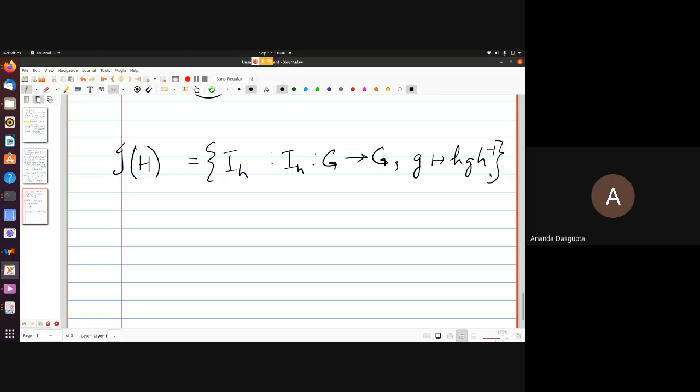So the set curly I_H is the set of all inner automorphisms on the group G induced by elements of the subgroup capital H. Okay? And what is this inner automorphism? Inner automorphism is simply something which takes a group element to its conjugate element, h g h inverse. Everybody is sure that you know why this is an automorphism and so on, right? Again, I hope everybody knows this.